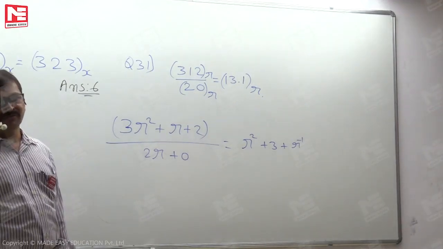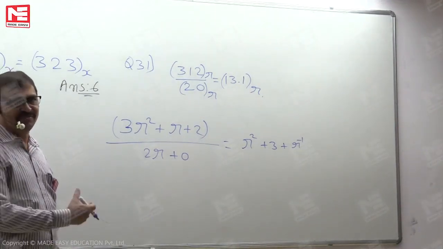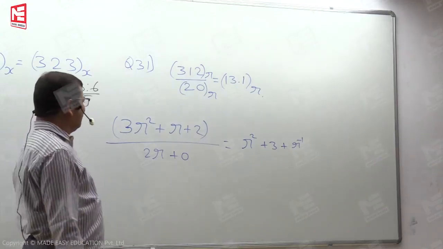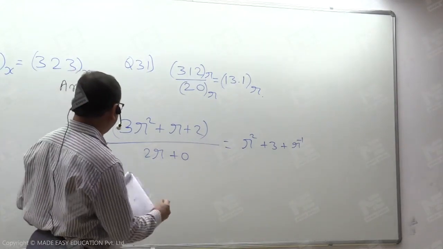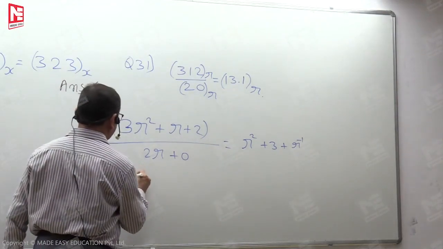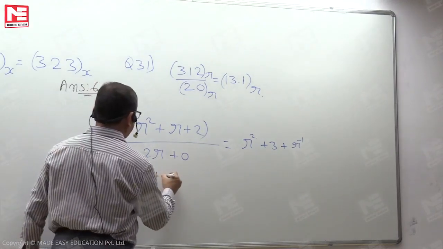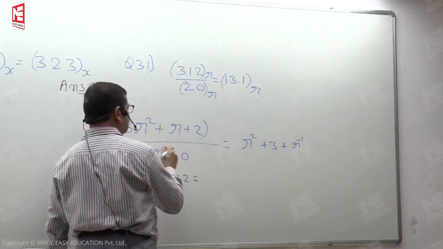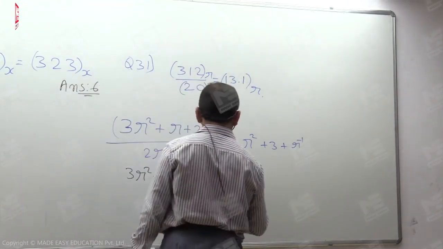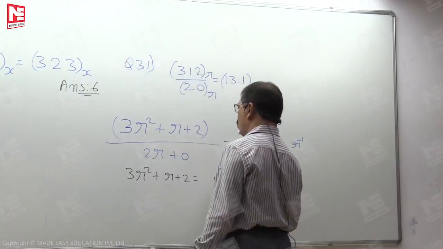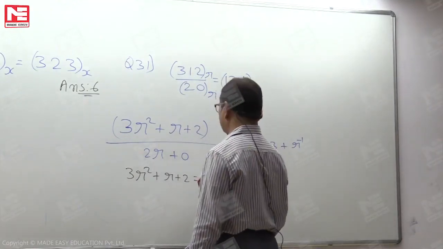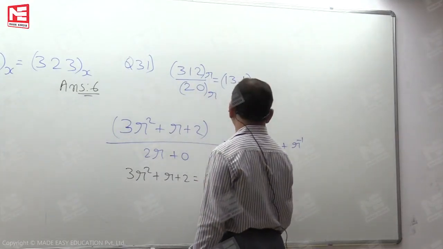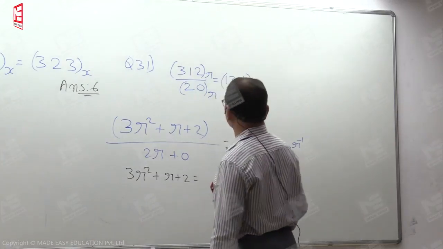The polynomial equation what we discussed while discussing the number system, that we are using here. So here, further mathematical work, 3r² + r + 2, right side while taking the cross multiplication, this will be now, sorry, this is r only, not r square, sorry.